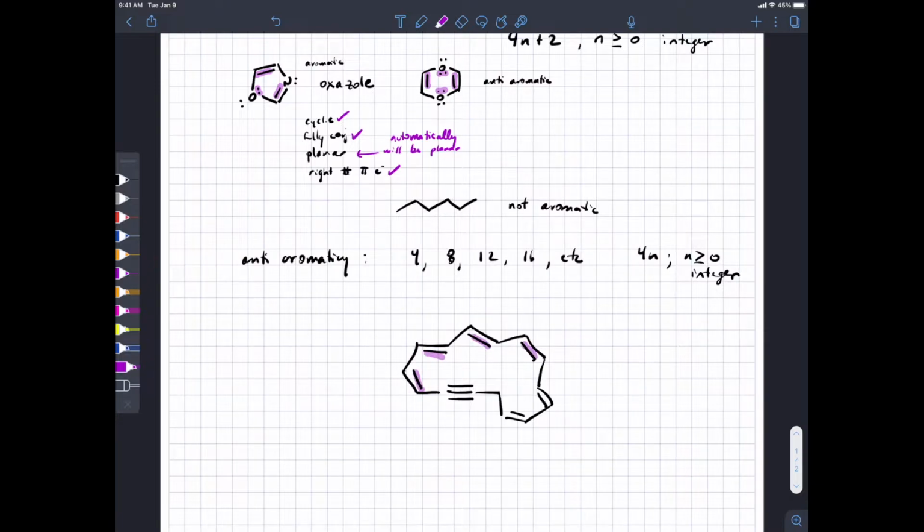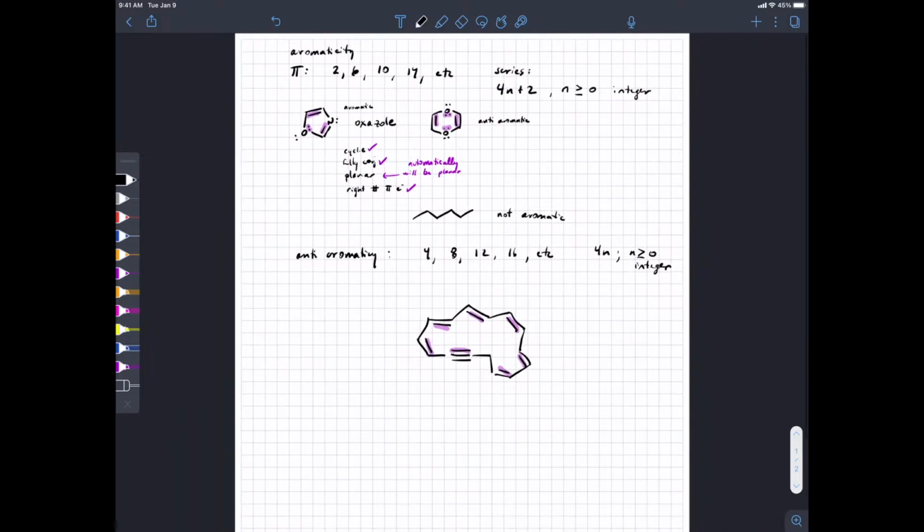I don't know if this molecule exists, but you would say it's aromatic, and you would only count one of the two pi bonds, because only one of the two pi bonds can overlap with the other p orbitals. Wait, that is aromatic with 14 electrons? 14 electrons is on the list. So yes, aromatic.